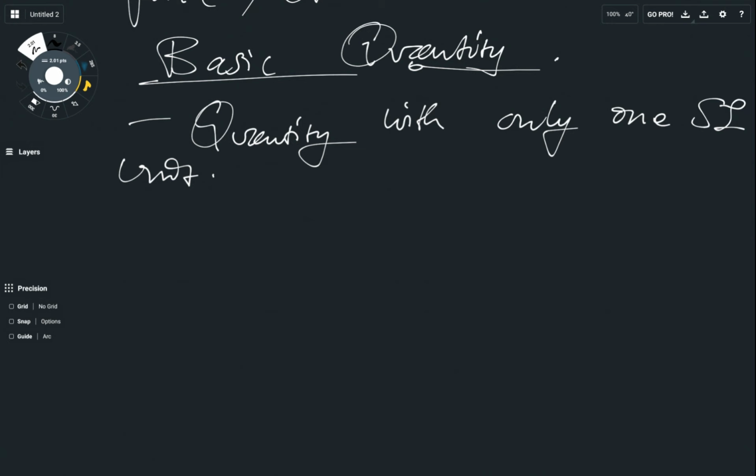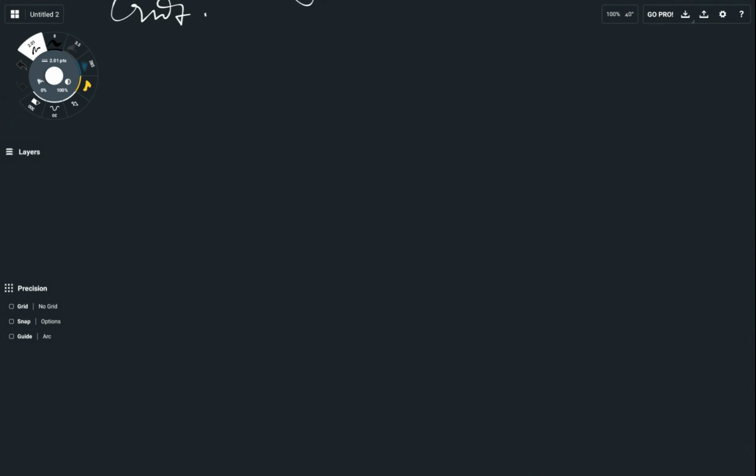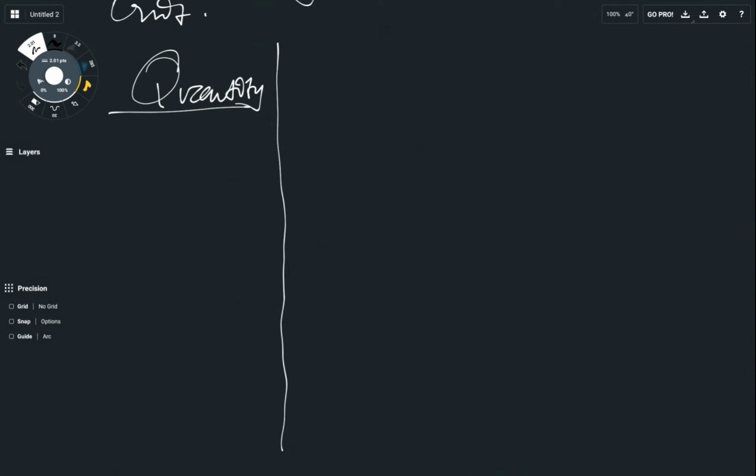Now these basic quantities are quite several. We literally have 7 in the world, but what I want to look at are the most common basic quantities. So let's look at these basic quantity examples. Let me write quantity, which is basic quantity, and what else? Every quantity has a dimension.